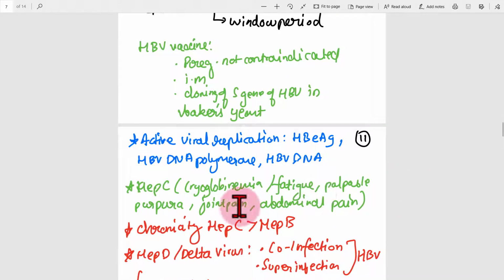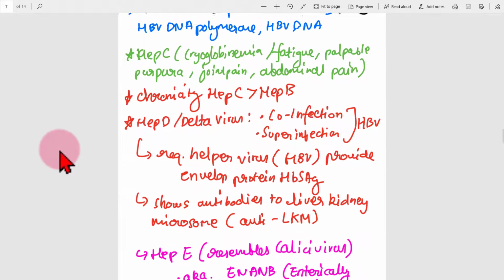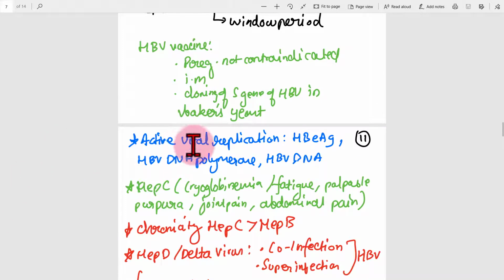Now we'll be continuing. The last point we made was about the HPV vaccine. Moving ahead, active viral replication indicates the presence of HBeAg, HBV DNA polymerase as well as HBV DNA.